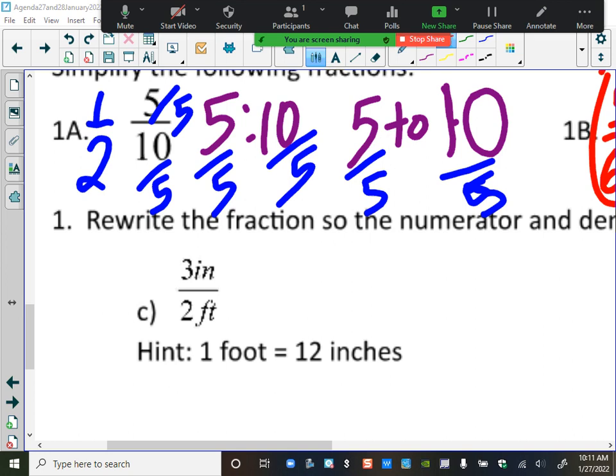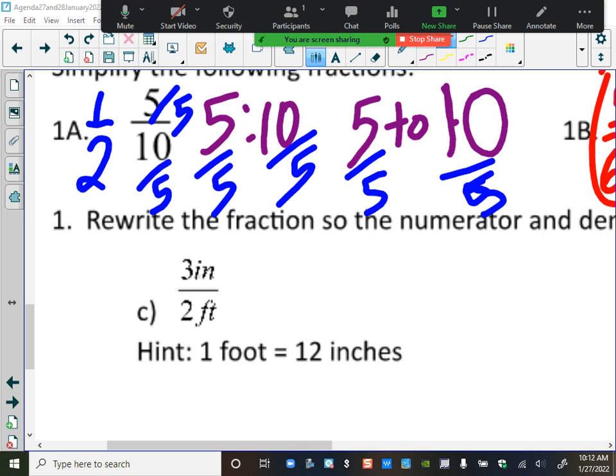So, question I have for everybody. I know we have 3 inches over 2 feet. Now, can we exactly... I know we have inches and feet.